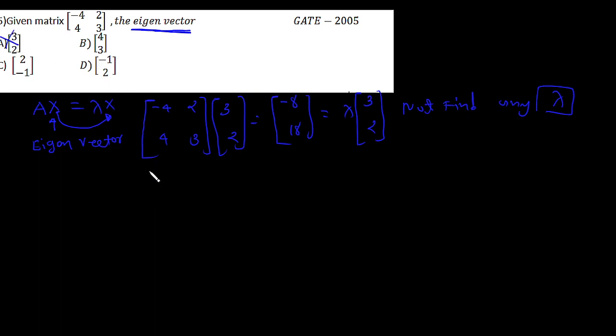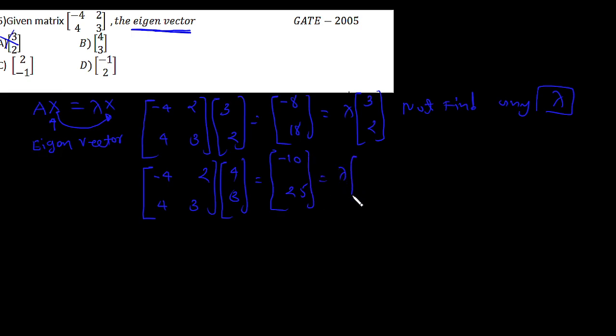Now check option B. It's minus 4, 2, 4, 3. Let's multiply by this vector 4, 3. In the output, what do we get? Let's do the multiplication. Minus 16 plus 6, minus 10. Okay, plus 60 plus 9, 25. Again, do the same procedure. Try to find such a lambda.